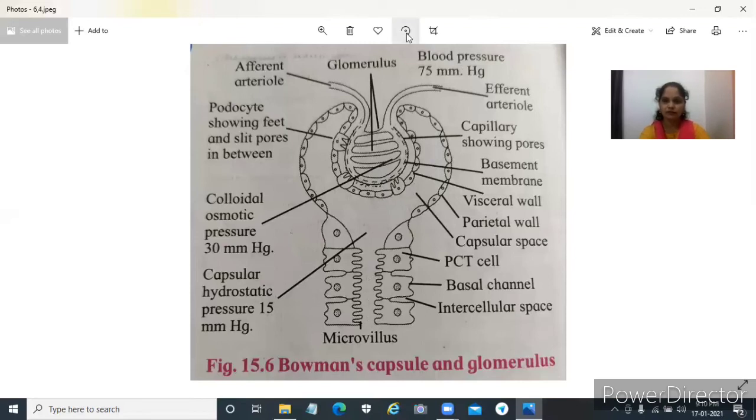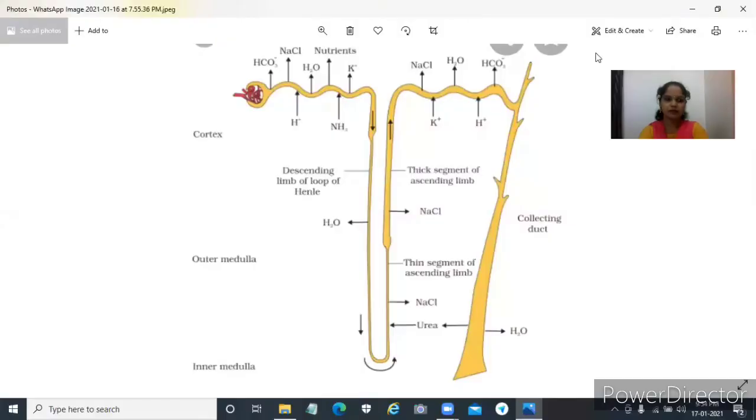So the second step is selective reabsorption or tubular reabsorption. This absorption occurs in the PCT, the proximal convoluted tubule. The proximal convoluted tubule is lined by a single layer of columnar epithelial cells. These columnar cells have microvilli or a brush border, which increases the absorption area.